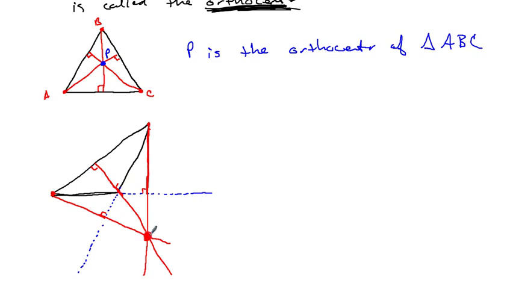And what happens is our orthocenter winds up way outside of the triangle. So P is still the orthocenter of triangle A, B, C.